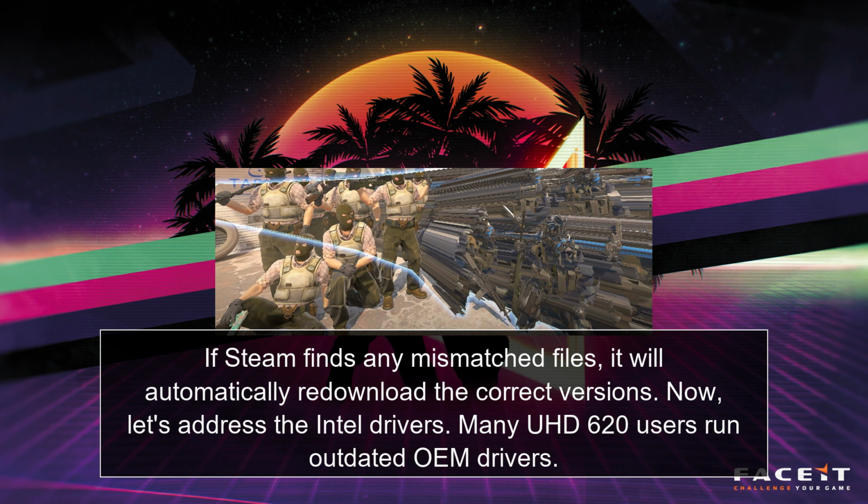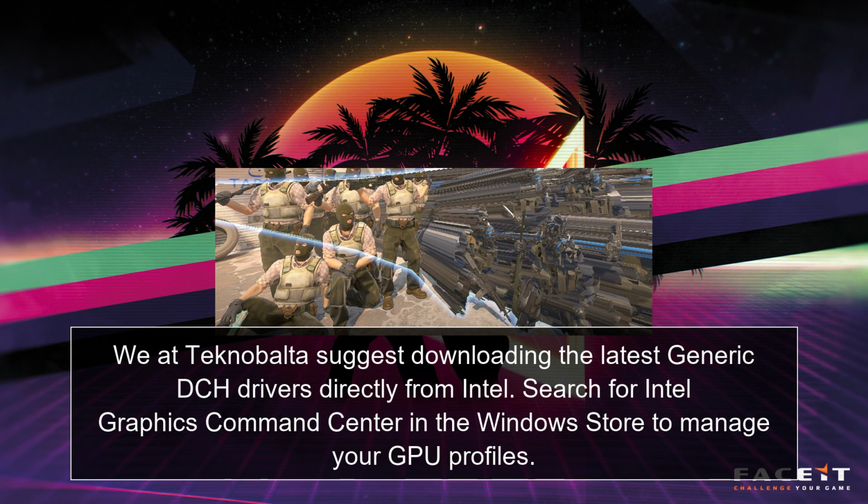Now, let's address the Intel drivers. Many UHD 620 users run outdated OEM drivers from their laptop manufacturers. We at Teknobalta suggest downloading the latest generic DCH drivers directly from the Intel website. Search for Intel Graphics Command Center in the Windows Store to manage your GPU profiles more effectively.